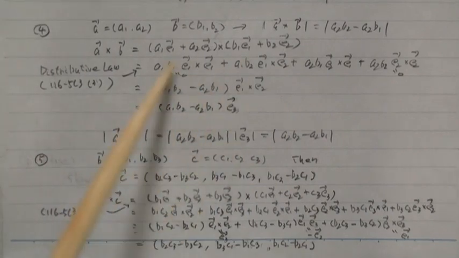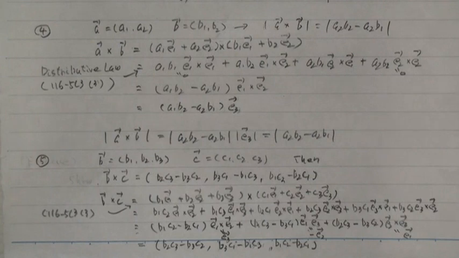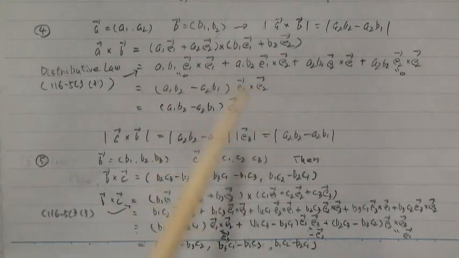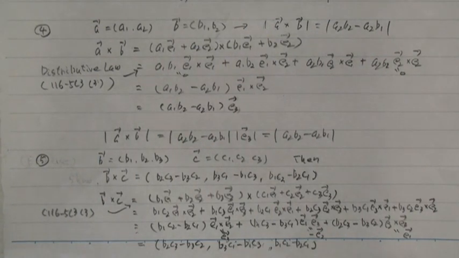Then E1 vector outer product E2 vector equals E3 vector. Okay? And then the absolute value of a outer product b equals the absolute value of a1 b2 minus a2 b1. Okay.